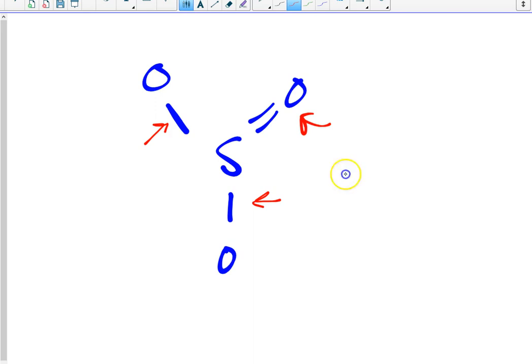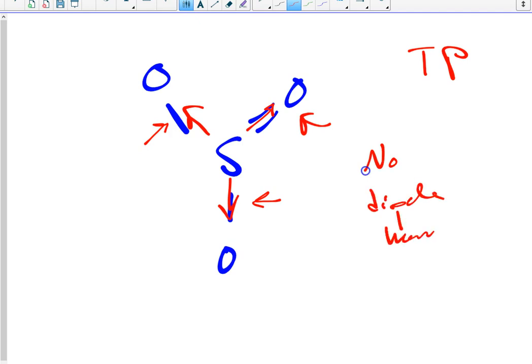But since this is trigonal planar, the electron moves that way, and that way. And if you add those all up, they cancel out. And you have no dipole moment.